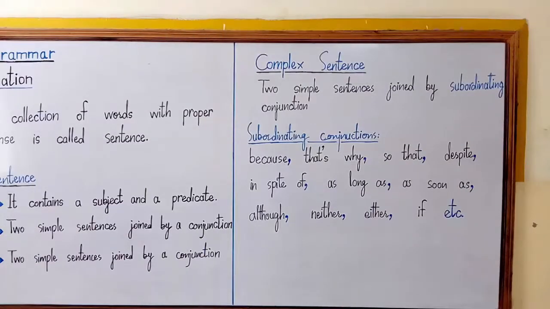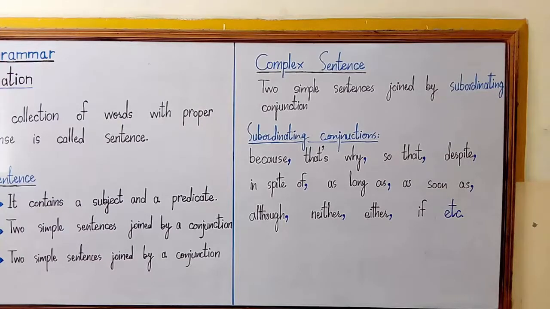While a complex sentence is a combination of two simple sentences joined by a subordinating conjunction. What are subordinating conjunctions? All the conjunctions excluding the 7 coordinating conjunctions. You remember FANBOYS. Excluding those FANBOYS, every conjunction is called a subordinating conjunction. I have given you some of the subordinating conjunctions on the board here.